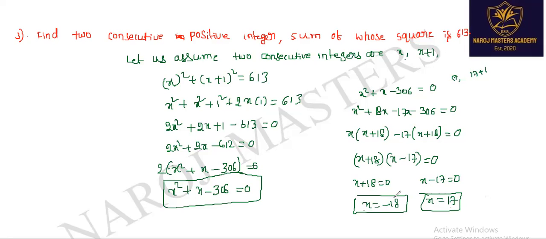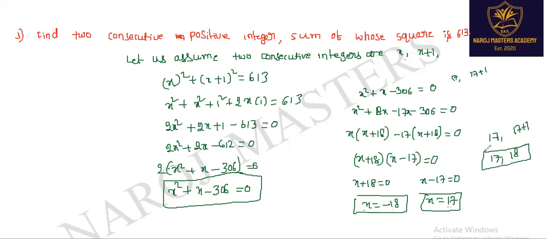If you take minus 18, then the numbers are minus 18 comma minus 17. If you take plus 17, then you will get 17 comma 18.